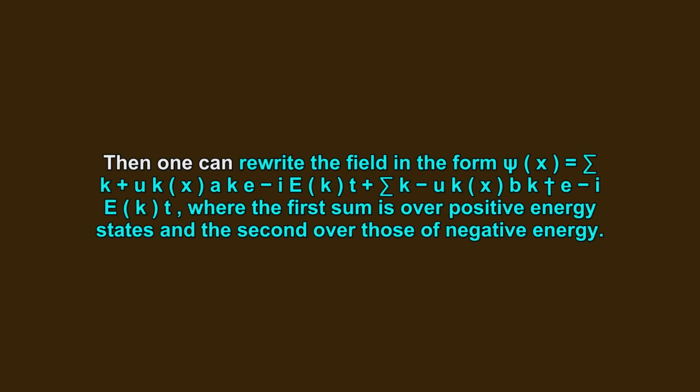Then one can rewrite the field in the form ψ(x) equals sum over k with positive energy of u_k(x) a_k e^(−iE_k t) plus sum over k with negative energy of u_k(x) b_k† e^(−iE_k t), where the first sum is over positive energy states and the second over those of negative energy.